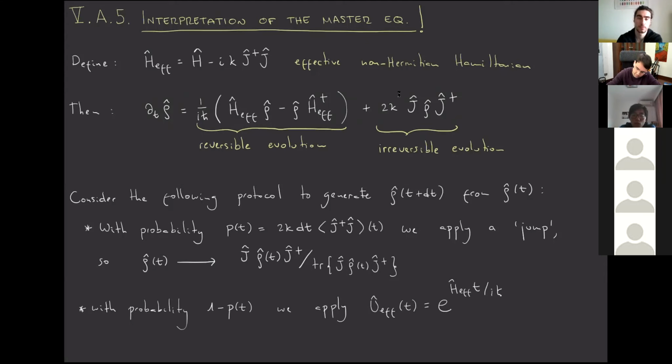So this means that starting from rho of t, with probability 1 minus P, we apply the evolution given by this time evolution operator, which is not unitary because the Hamiltonian is not Hermitian. So this might be more or less difficult to do in the lab, but mathematically it's very well defined, and conceptually it will be very interesting. You will see in a second why.